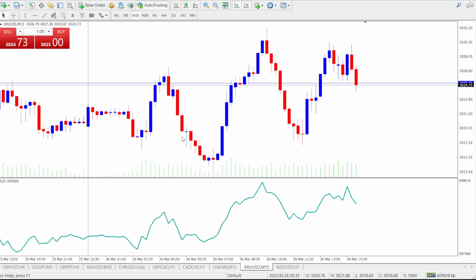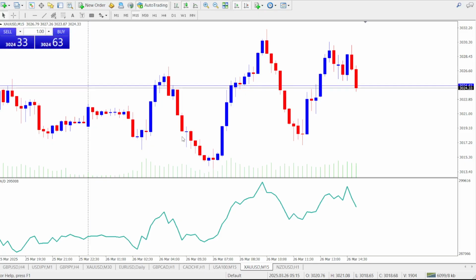Now, unlike many indicators that rely solely on price, the AD line takes into account both price and volume, providing a deeper understanding of market dynamics. At its core, the AD line tracks the difference between accumulation, which is buying pressure, and distribution, which is selling pressure.